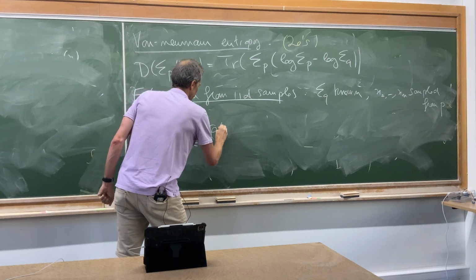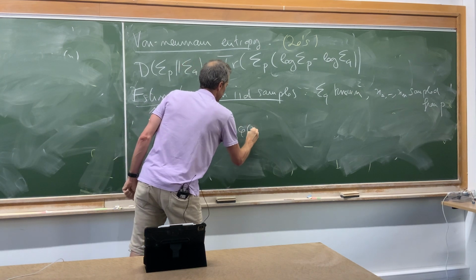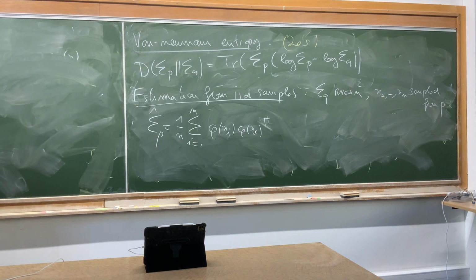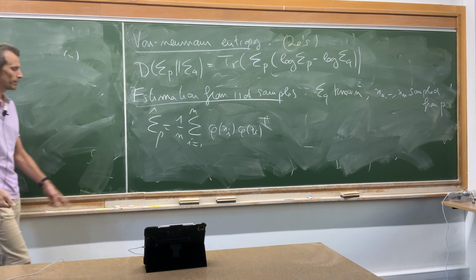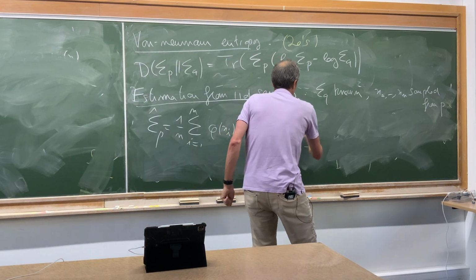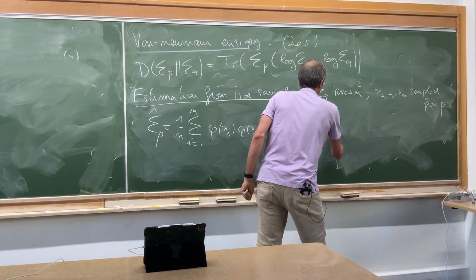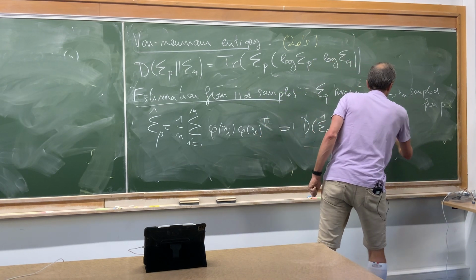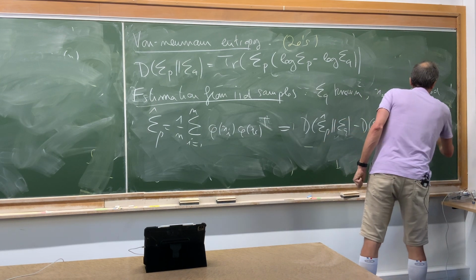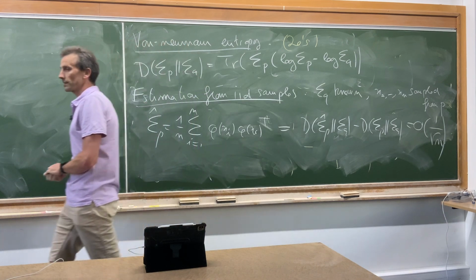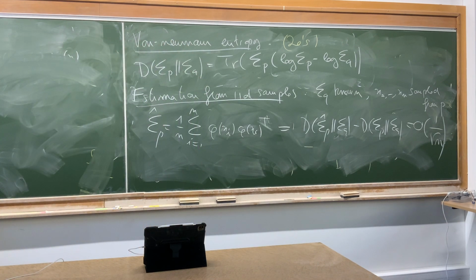Sigma p hat is the average of phi of xi times phi of xi transpose. And it turns out that if you just do the plugin estimator of sigma p hat, you get that D of sigma p hat, sigma q minus D of sigma p, sigma q is O of 1 over root n. Of course, there are conditions on the kernel: it has to have sufficiently strong eigenvalue decay, but that's quite reasonable.